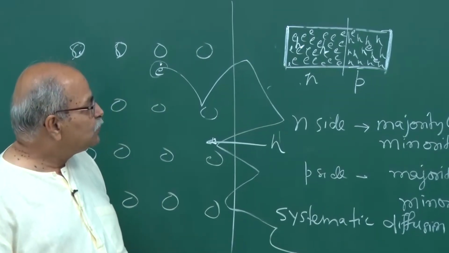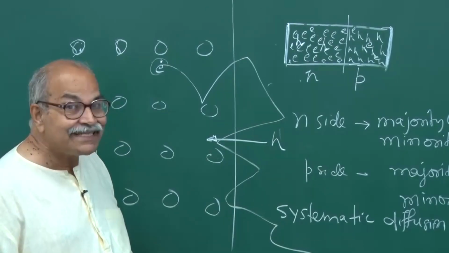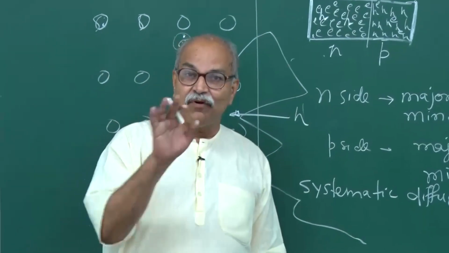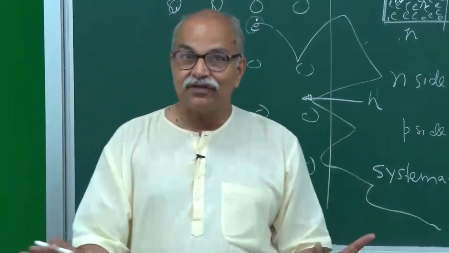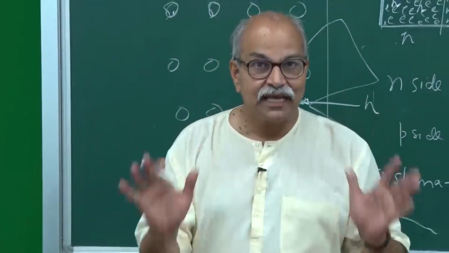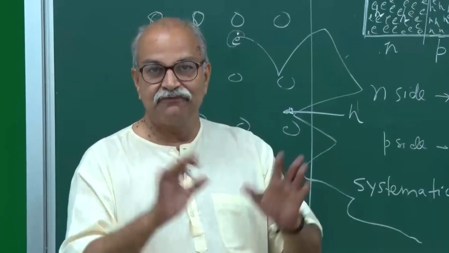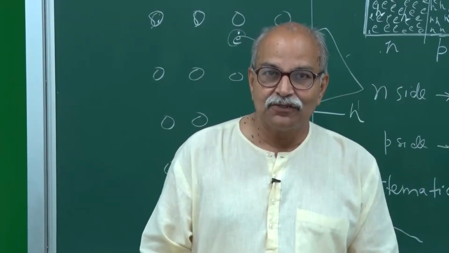Hence you will have a charge density appearing. Remember, when you dope N type or P type impurities, the charge density does not change, it remains 0 in the entire thing, because whatever you dope is neutral. The wafer is neutral, the dopant atoms that you are doping are also neutral.